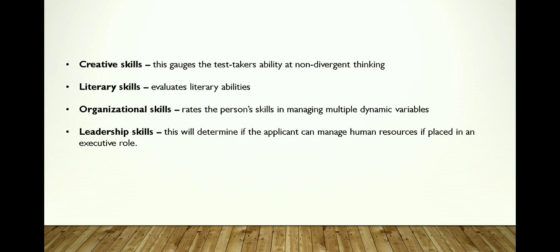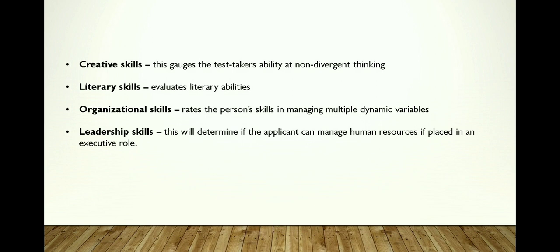So next is the literary skills. This evaluates literary abilities or aspects of their literary capabilities that are efficient or need improvement. So next is organizational skills. This rates the person's skills in managing multiple dynamic variables.